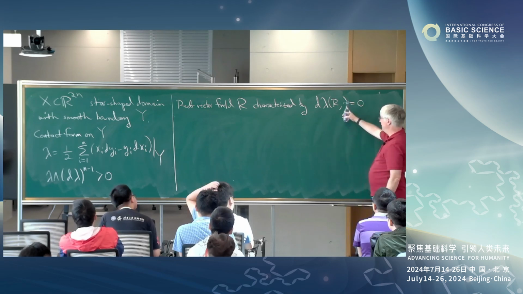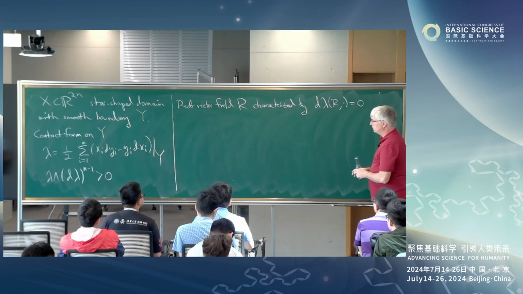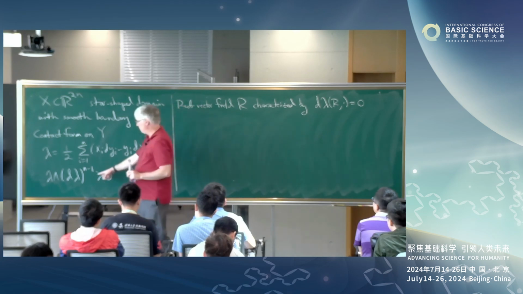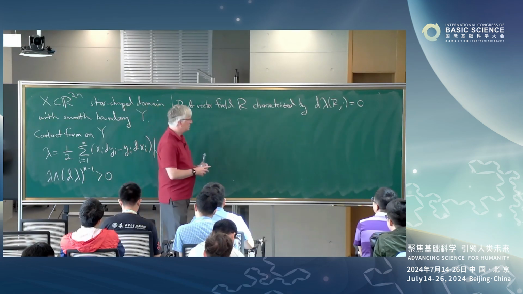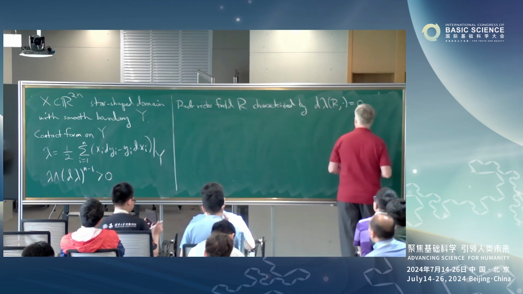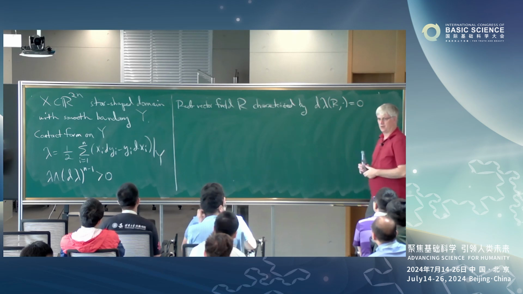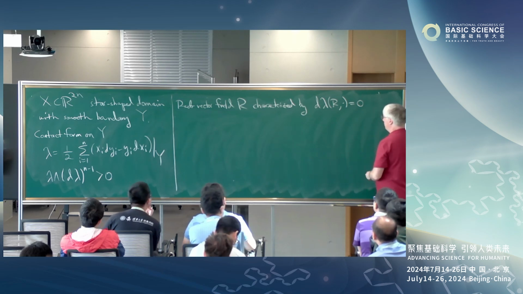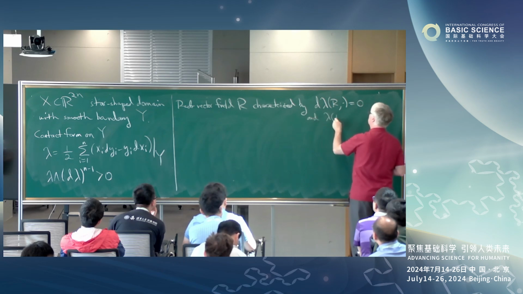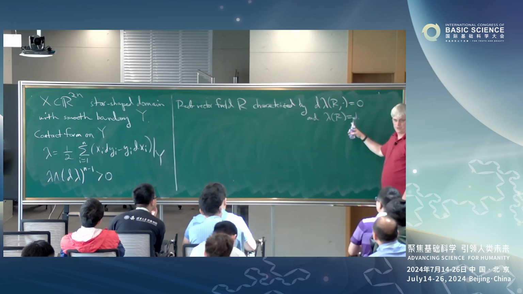Here, this is any tangent vector to Y. So the fact that lambda wedge d lambda to the n minus 1 is non-zero tells you that there's a one-dimensional subspace of vectors R satisfying this condition. And then we normalize it by setting lambda of R equals 1. This normalization is actually going to be quite important for what we're doing.